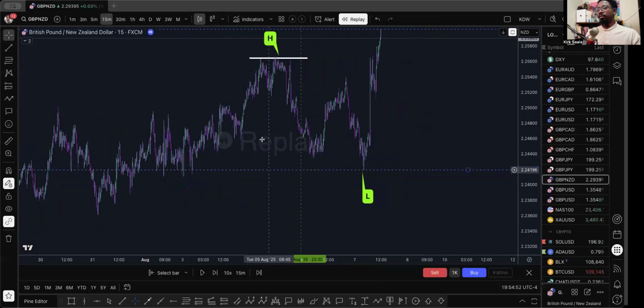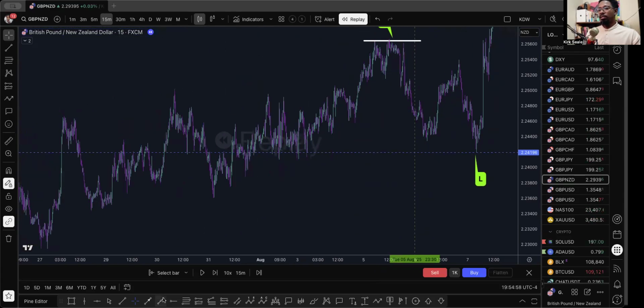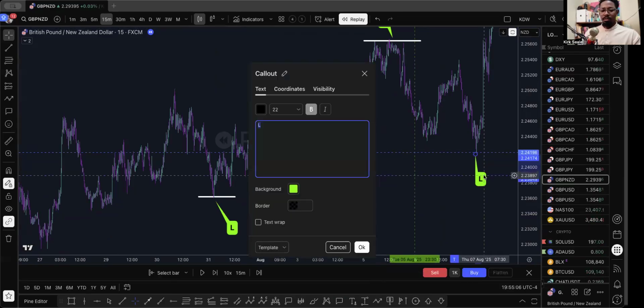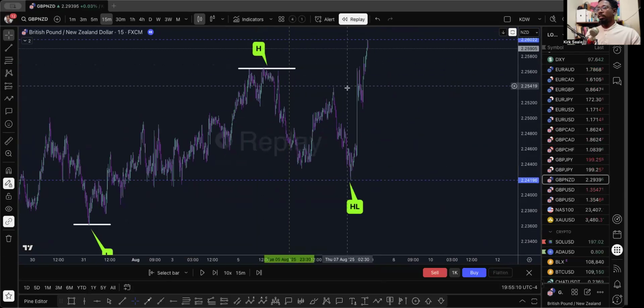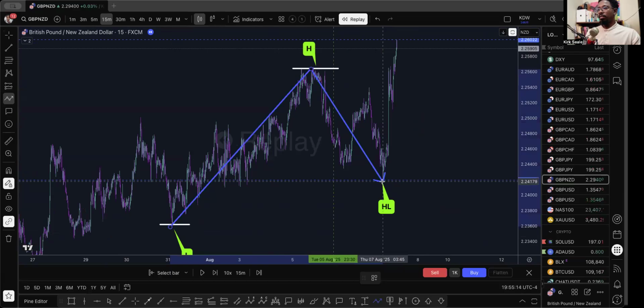What would have brought us here? Probably this. So now this is our low. This is our higher low. And this is our high, which means we got this.